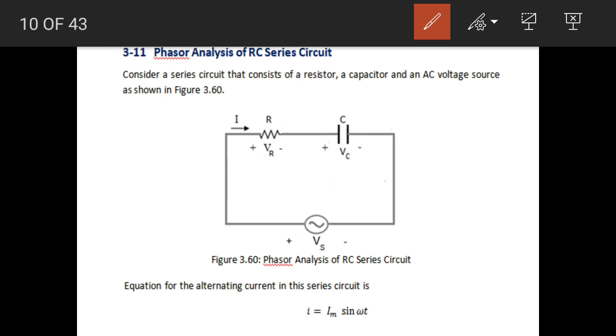We consider the RC series circuit in figure number 3.50, and we are going to find out the phasor value of the AC current in this series combination, the phasor value of the AC voltage across the resistor, the phasor value of the voltage across the capacitor, and the phasor value of the voltage across the source.